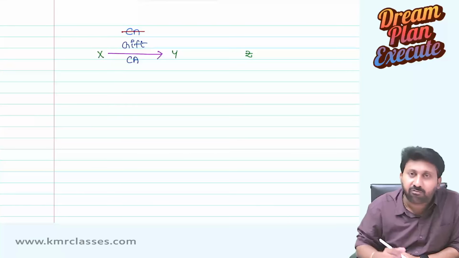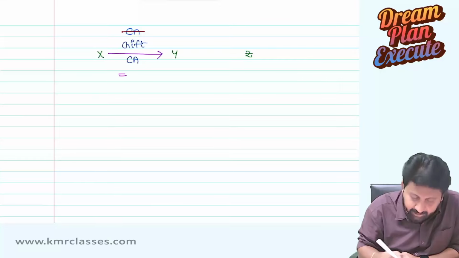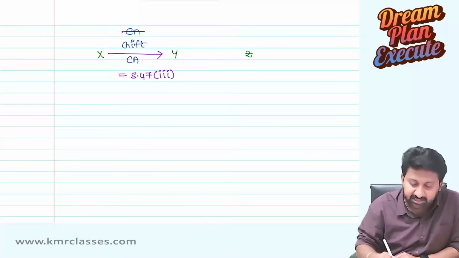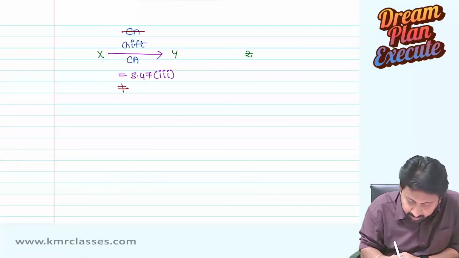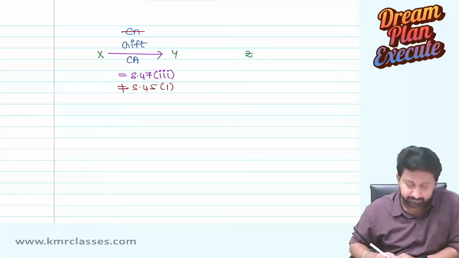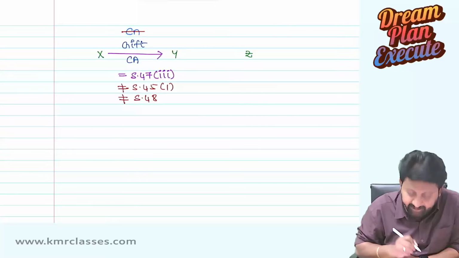Then automatically, there is no question of capital gain, because section 47 clause 3 will get triggered. Because of that, section 45(1) will not attract. Because of this, section 48 will not get attracted.